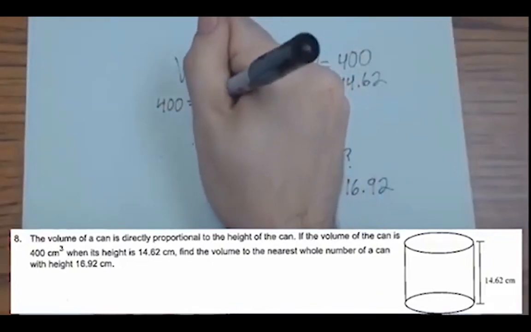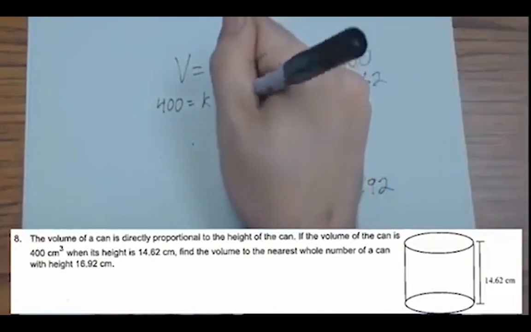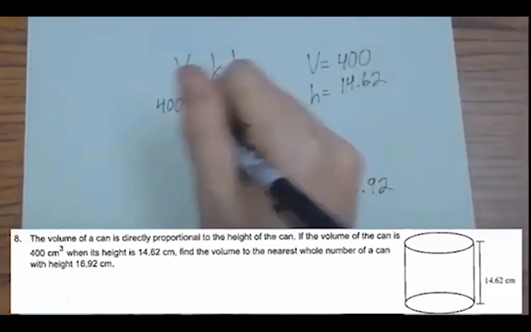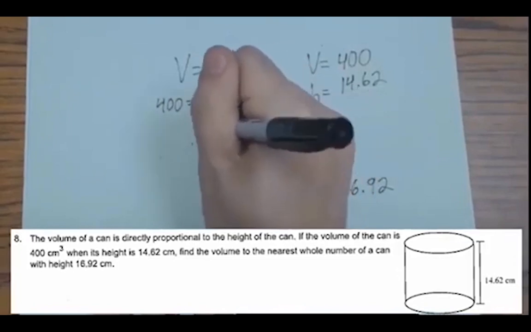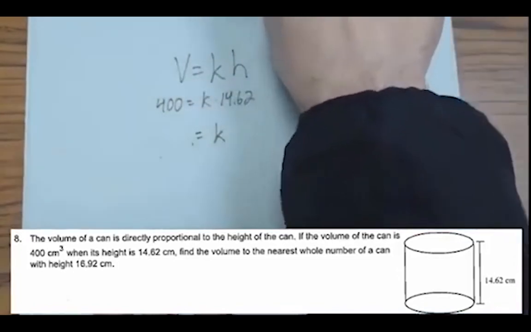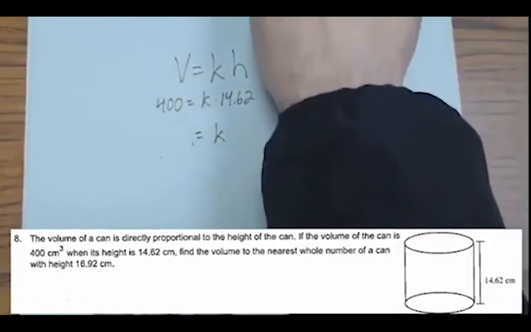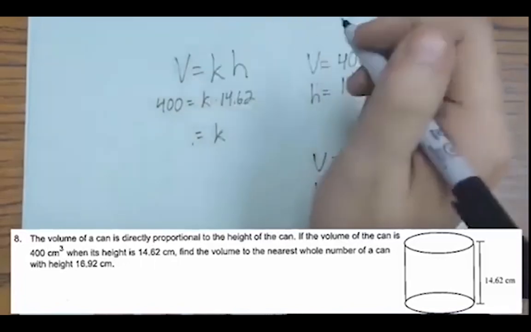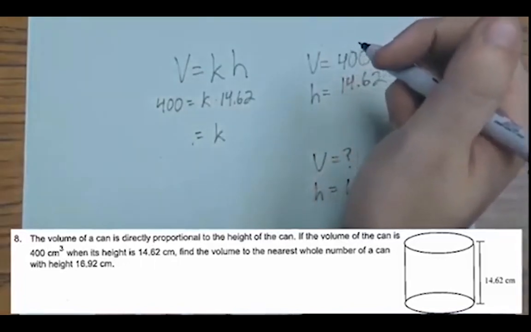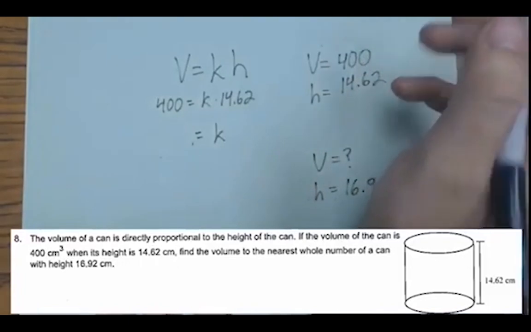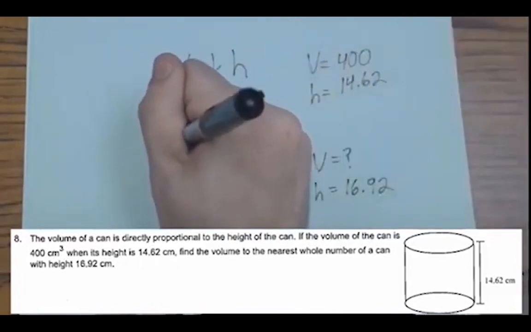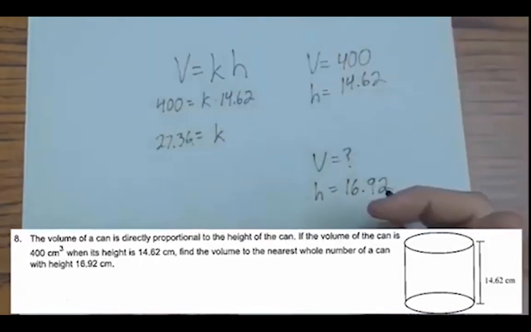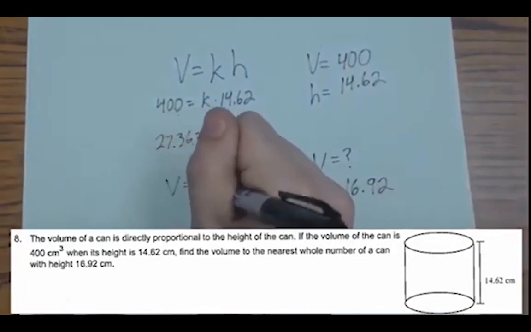V is 400, K times 14.62. Divide both sides by 14.62. 400 divided by 14.62 is 27.3597. So like 27.36. Plug that in for K.